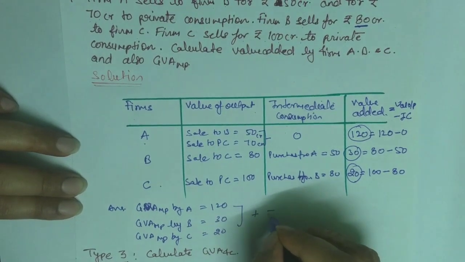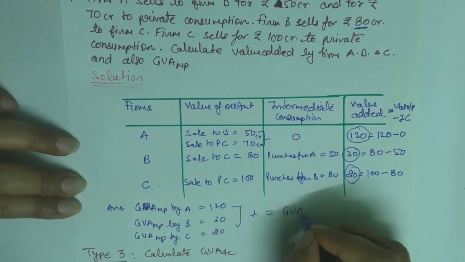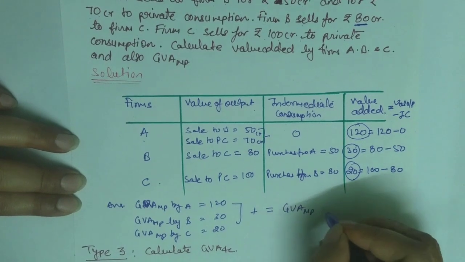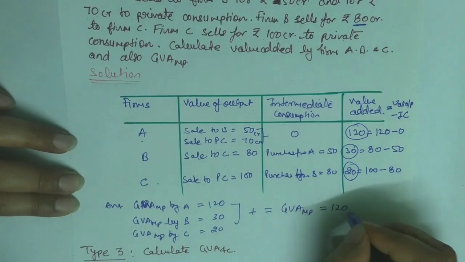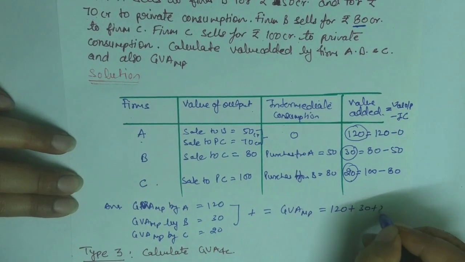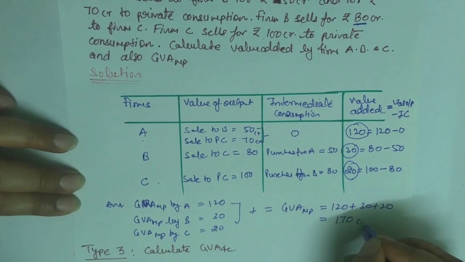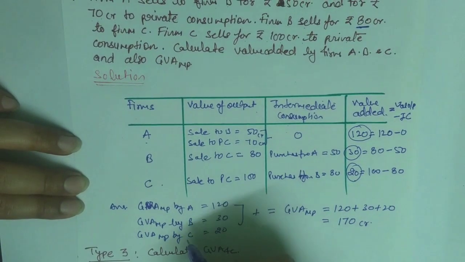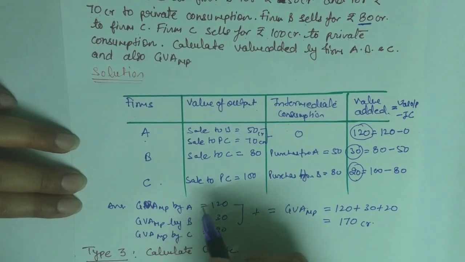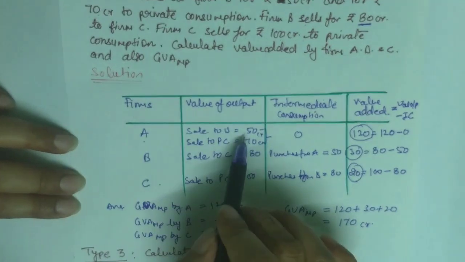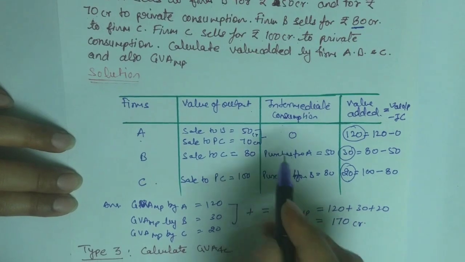All together is equal to GVA MP of the country, which will be 120 plus 30 plus 20 equals 170 rupees crore.